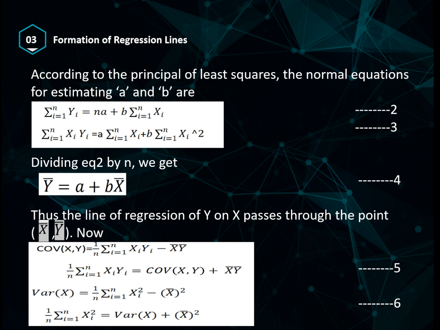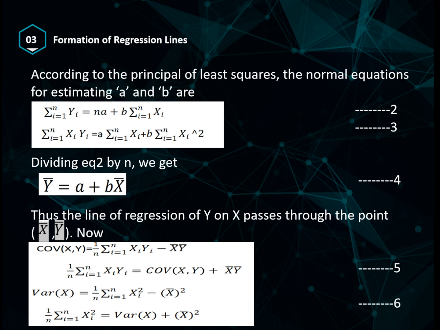Let us now divide equation 2 by n. We get 1/n summation yi = na/n + b summation xi/n. As we all know, the formula for mean is the sum of the observations by the number of observations, x bar = 1/n summation xi and y bar = 1/n summation yi.